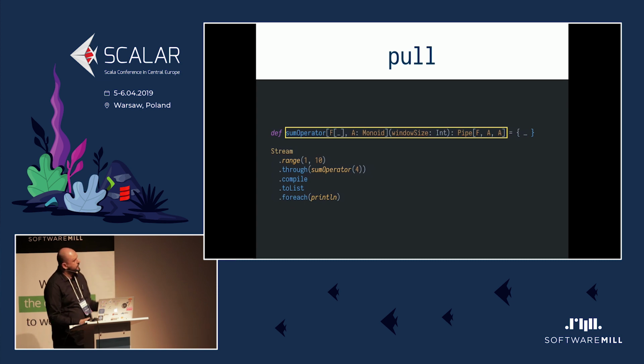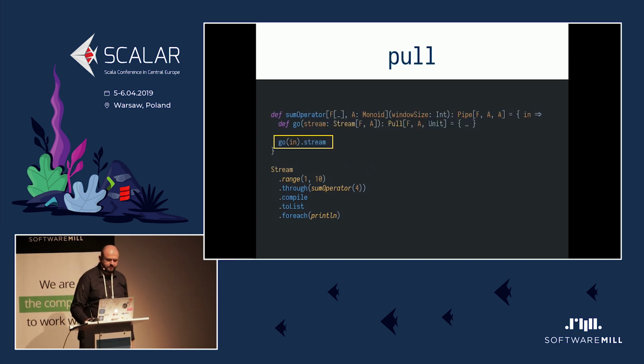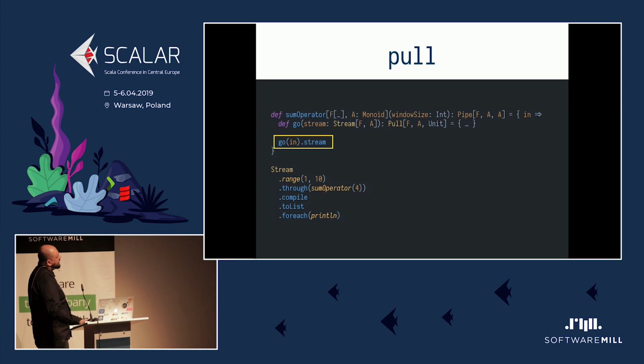We need the F, we need the A, which has monoid functionality because we need to do a sum with that. The next argument is the window size, and we return the Pipe. The Pipe is only an alias for a function from a stream into a second stream. So it's very easy.